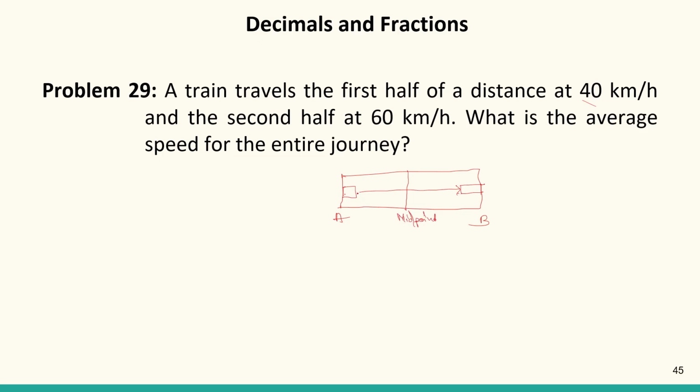First the train goes from A, so let's name the midpoint C. So A to C at 40 km per hour. For this part it is restricted to 40 km per hour, and for the second part it is restricted to 60 km per hour. Nothing less, nothing more. So it asks us, what is the average speed of the entire journey?